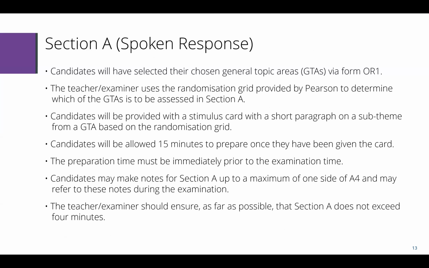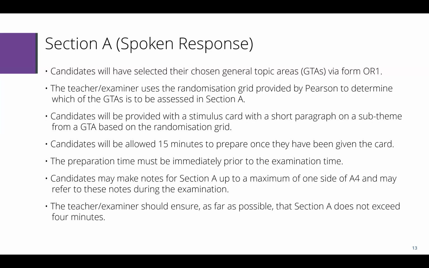Okay, now if we start to look at Unit 1, you can look again in your specification. It starts really on page 15, and there are two sections to it. And section A, I'll explain how section A works first of all.